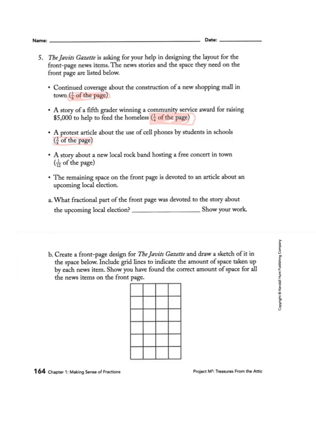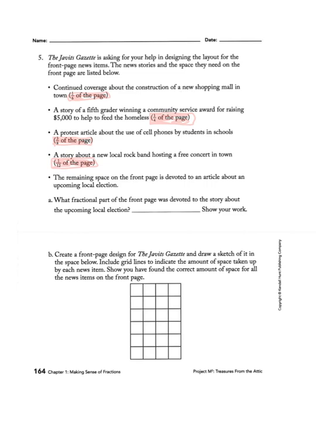You're going to need 3/8 of the page for a protest article about the use of cell phones by students in schools. You're going to need 1/12 of the page about a story about a new local rock band hosting a free concert in town. The remaining space on the page, meaning whatever is left over, is devoted to an article about an upcoming local election.